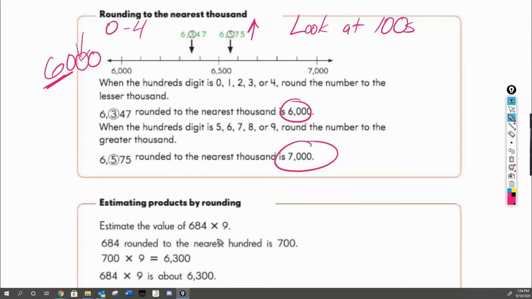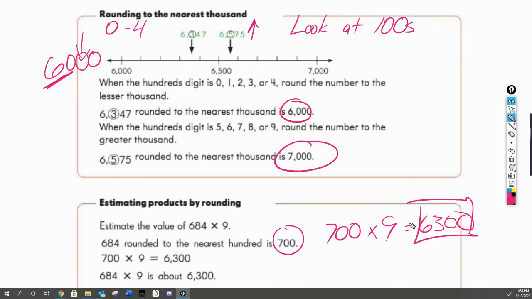So instead of wasting time doing all this math, I'm just going to estimate and do 700 times 9. If I take that 7 times 9, it gives me 63, and I keep the hundreds. And I know all I need is a simple $6,300 to get 9 Labradoodles. Small price to pay for something so amazing.